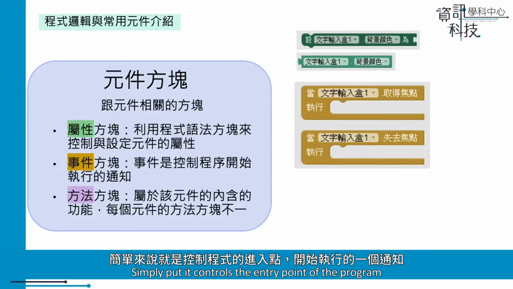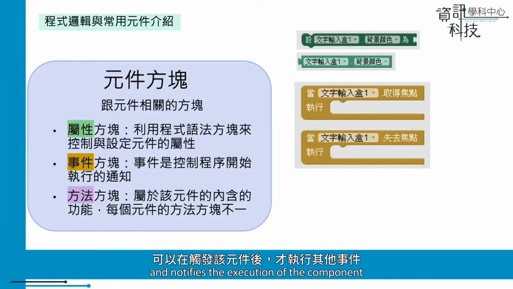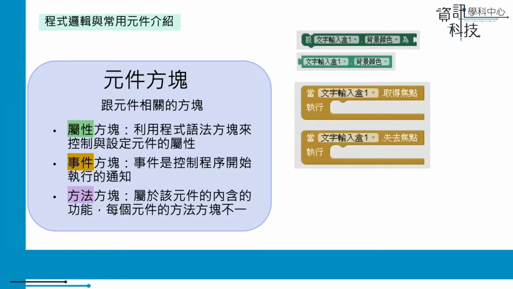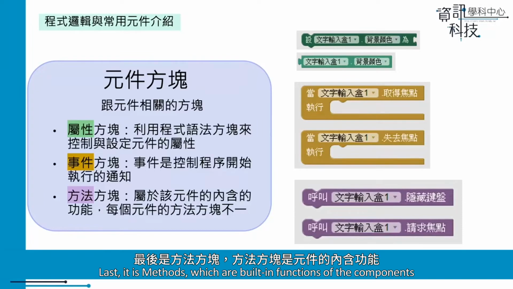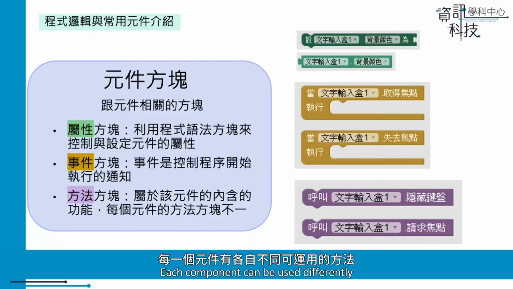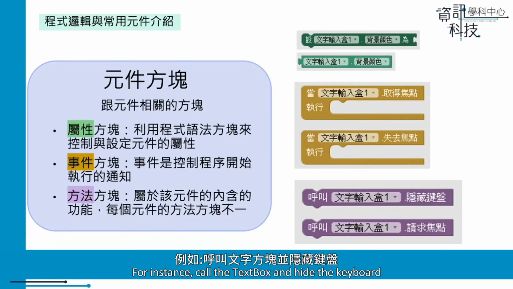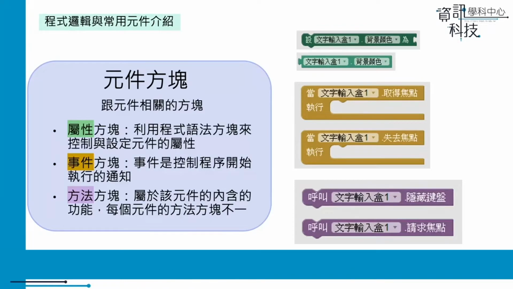Simply put, it controls the entry point of the program and notifies the execution of the component. Last is methods, which are built-in functions of the components. Each component can be used differently to control the actions executed by other components. For instance, call the text box and hide the keyboard.